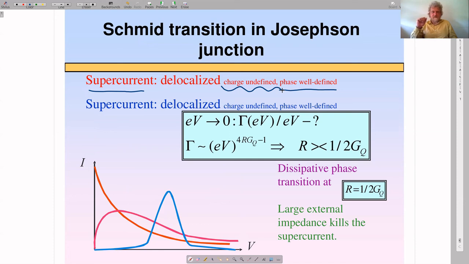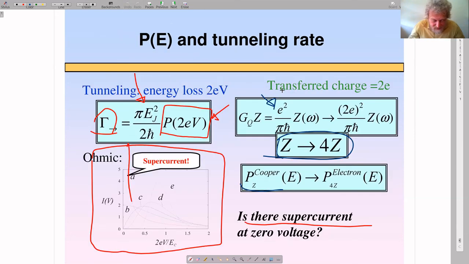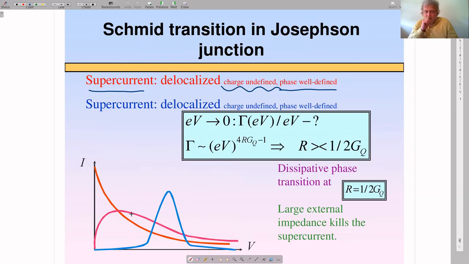The inverse situation is the absence of supercurrent. A Josephson junction, if you put a sufficiently big resistor in series, will not be superconducting anymore. That would correspond to IV curves like this.